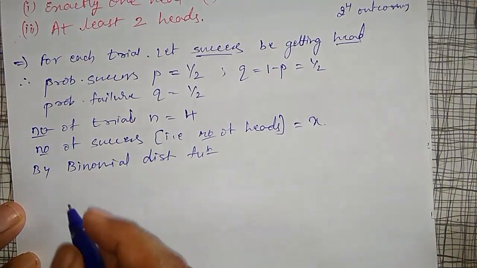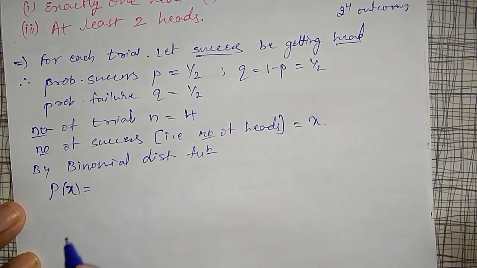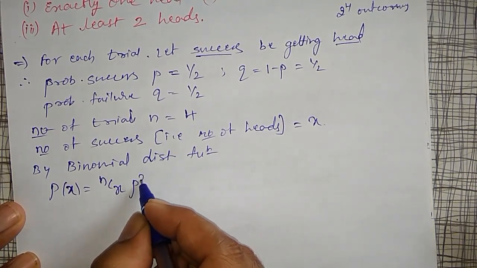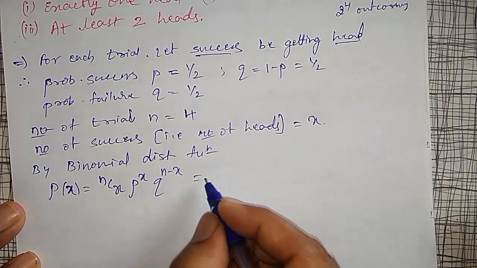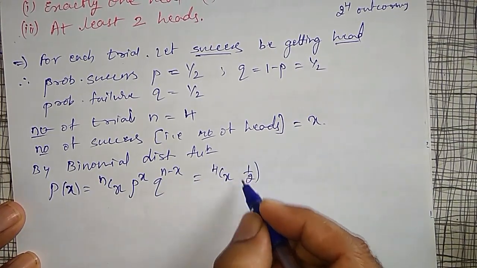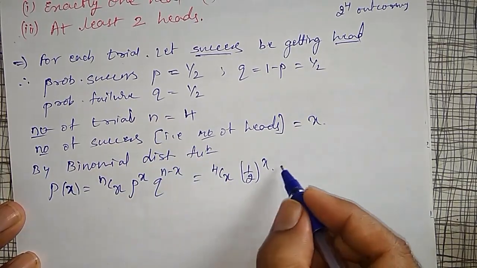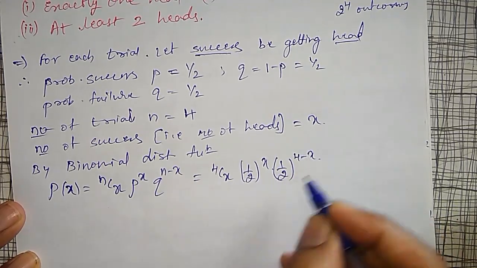Then by the binomial distribution function, p of x, the probability of x successes, is given by nCx p raised to x q raised to n minus x, which is 4Cx (1 by 2) raised to x into (1 by 2) raised to 4 minus x, since p is 1 by 2 and q is also 1 by 2.